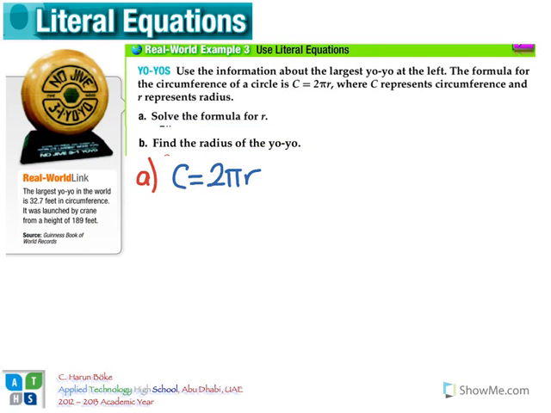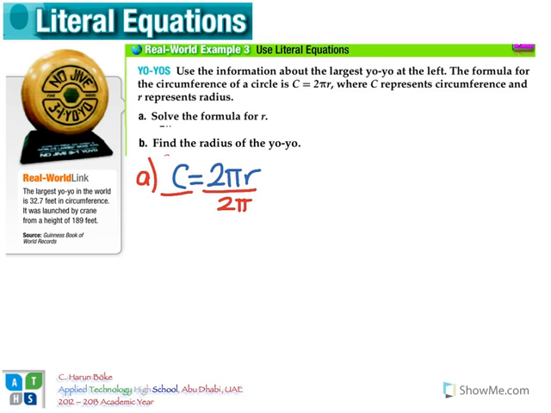Okay, let's try to rewrite this formula for R. Now, all these terms here, 2, pi and R, are multiplied. So these are all times, meaning I'm going to divide the right hand side by 2 pi so that R will be alone.